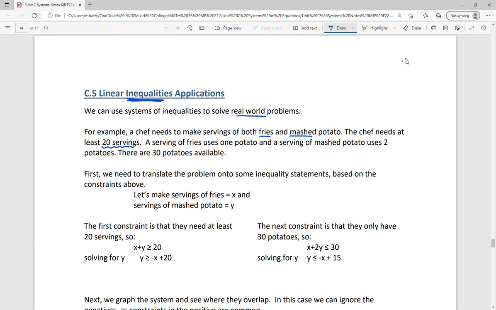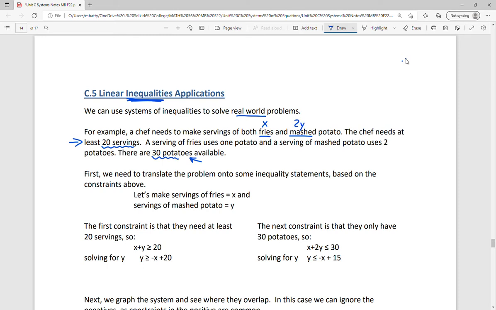We only have 30 potatoes available. So there's a minimum number of orders and there's a minimum number of potatoes. And then we have this function that fries take 1 potato and mashed potatoes take 2 potatoes.